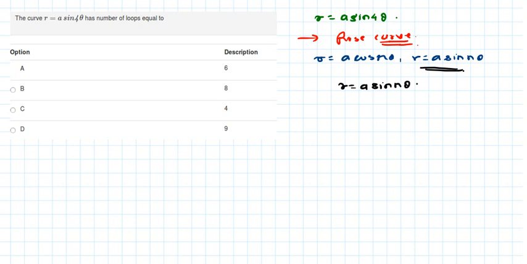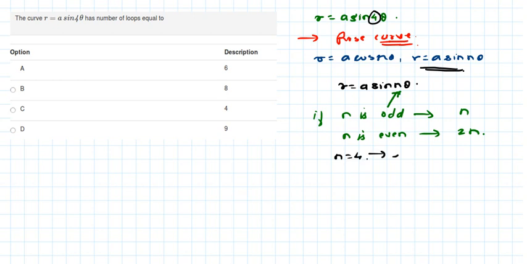In this rose curve, the number of loops depends on the value of n. If n is odd, then the number of loops will be n, and if n is even, then the number of loops will be 2 times n. We have been given n equal to 4, which is an even number, so the number of loops will be equal to 2 times 4, that is 8. So option B is the right answer.